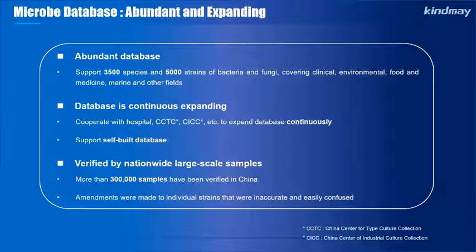In China, we cooperate with the top 32 hospitals for database building and verification, so our database is continuously expanding. What's more, our database is open, not a closed system, so our customers can build a microorganism database by themselves. So it is very useful for the customer.